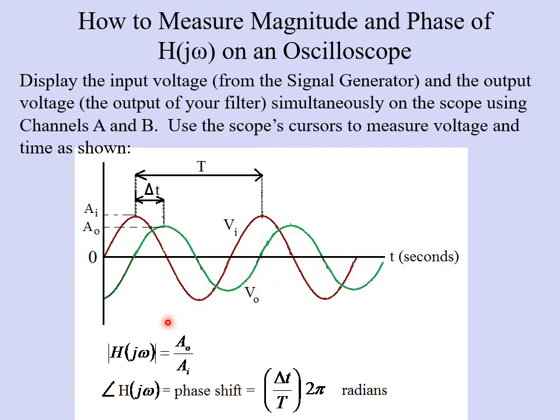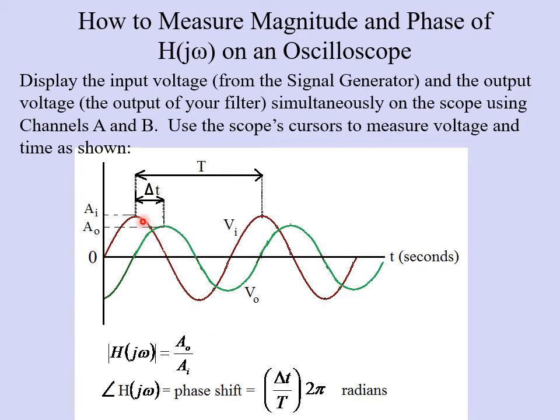So your frequency response magnitude is just the ratio of the output voltage, in other words, the height of this peak right here, that's A out, divided by the height of this peak here, which is A in. And that tells you what your magnitude is for this particular frequency.